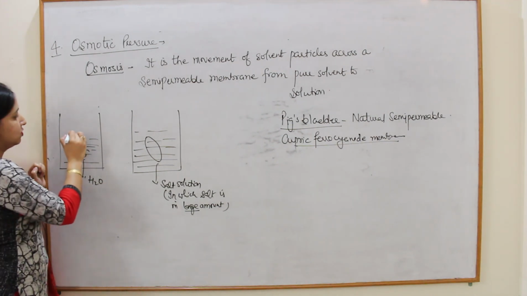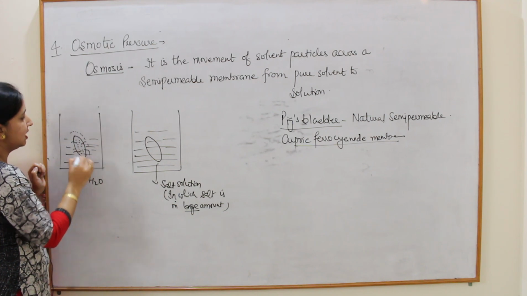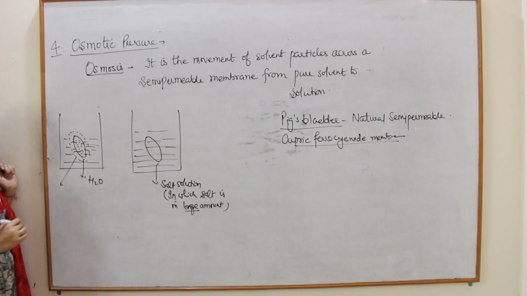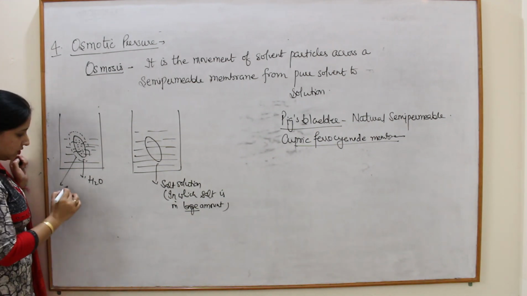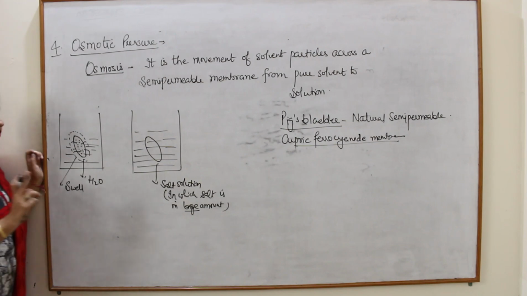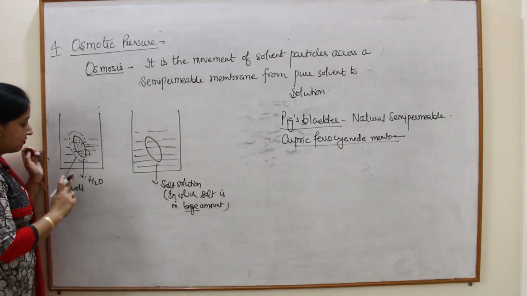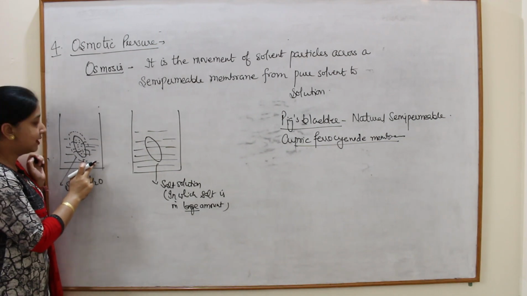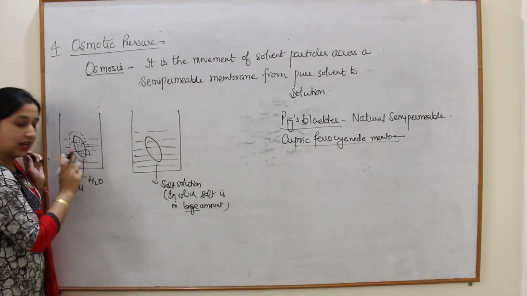And what will we notice? After some time, the egg will swell. Egg will swell means the egg will become swollen. So what does that mean? Water has entered inside the egg.